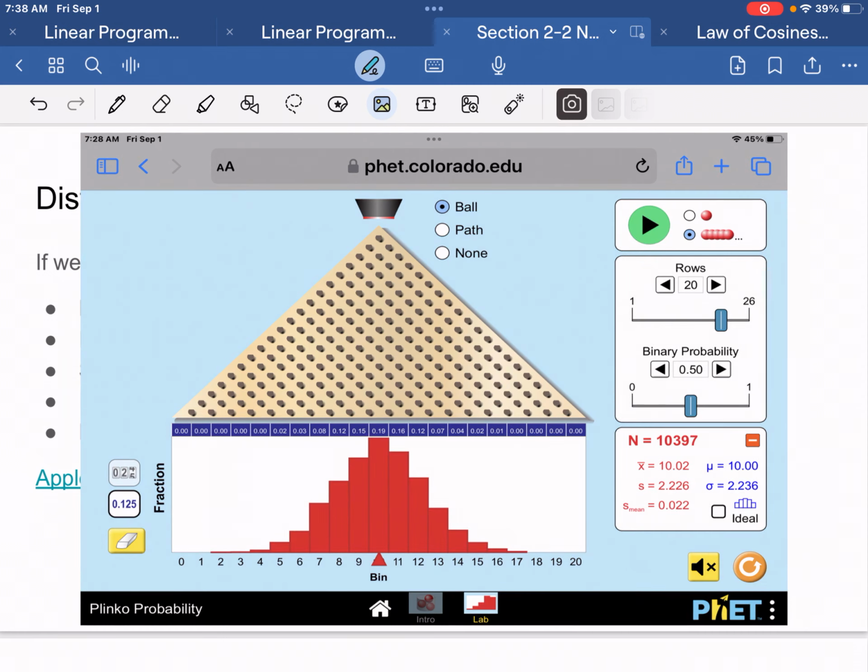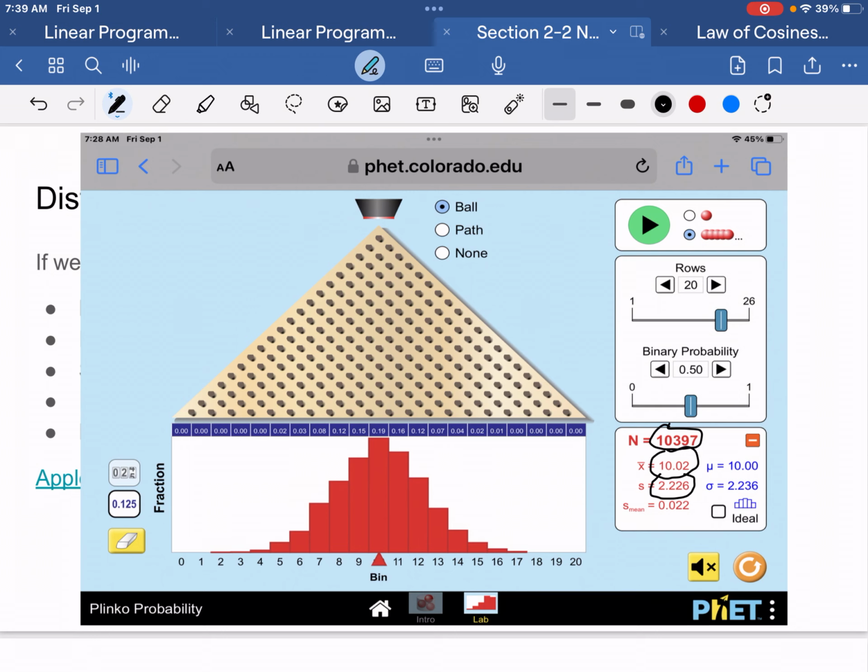So let's take a look at this. Notice that the average is 10.02 and the standard deviation is 2.226 at the moment after 10,397 balls had fallen into the bins.